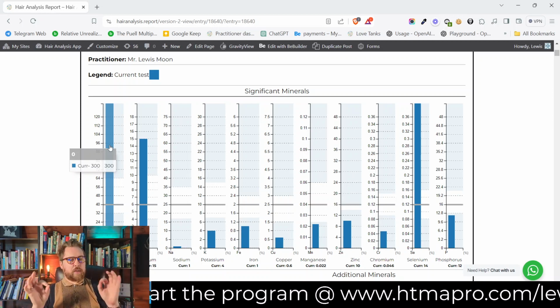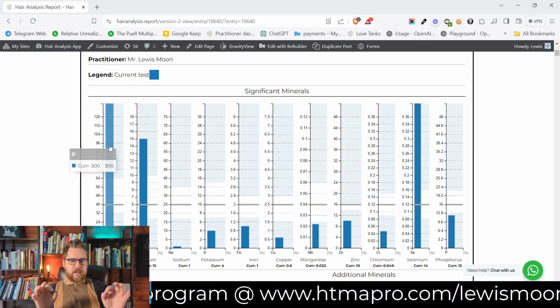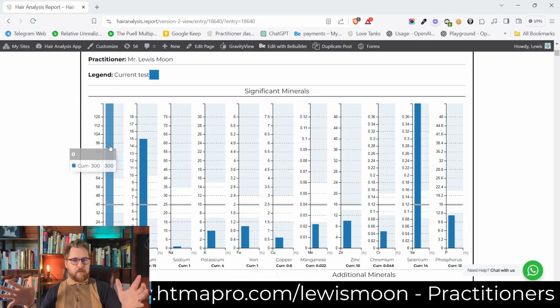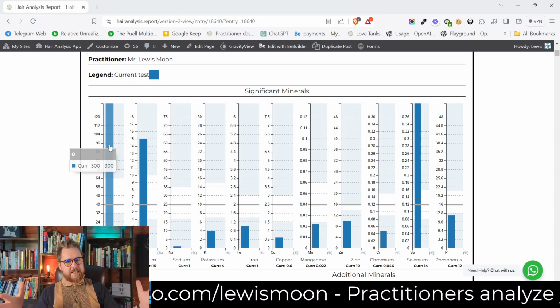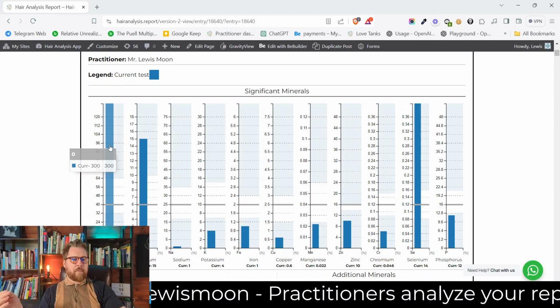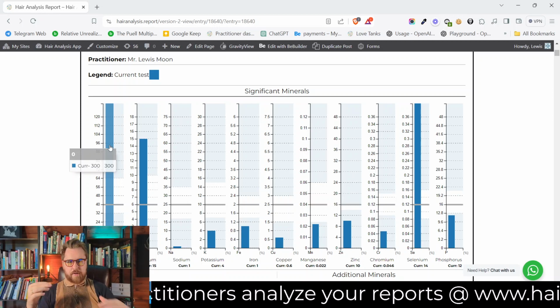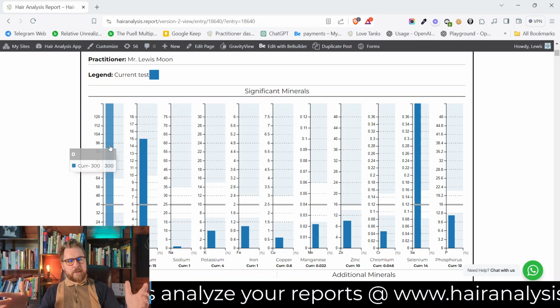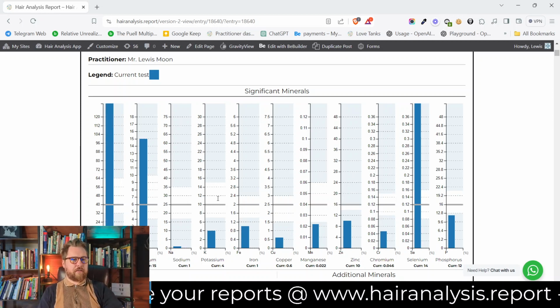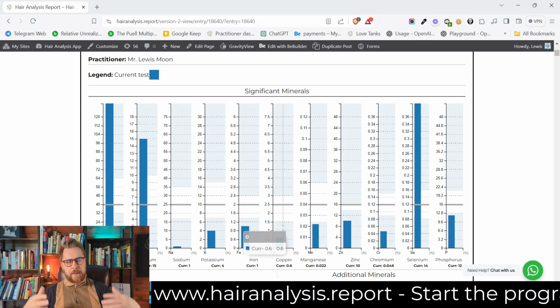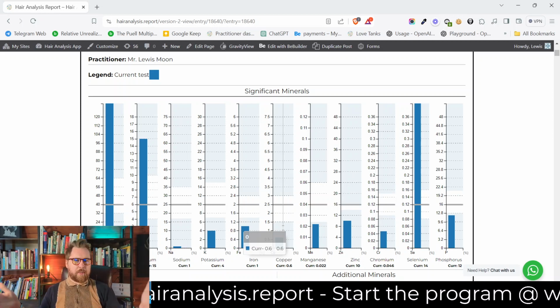Now you've got to be super careful with this, because a lot of people say that hair analysis is the best way of looking for copper toxicity, and it is, but a lot of reports out there are not very good. They don't really understand copper toxicity. So if you've got a low level, like you can see on this test here, a lot of people assume that there's no copper toxicity involved.